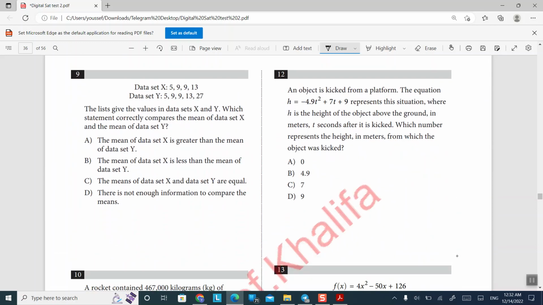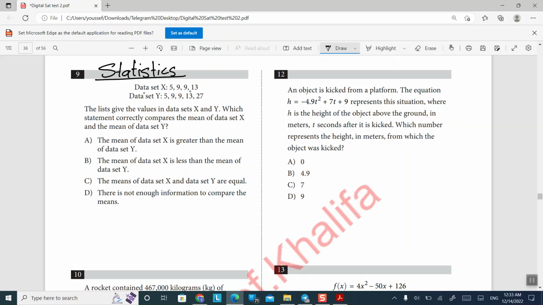Let's move on. The lists give the values in data set x and y. Which statement correctly compares the mean of data set x and the mean of data set y? Okay, so here that's a statistics question. Not familiar with the term, you can revise chapter 20 in Panda. You find out the explanation for that term. Okay, so comparing the mean of data set X and data set Y, you can directly get it from the given values.